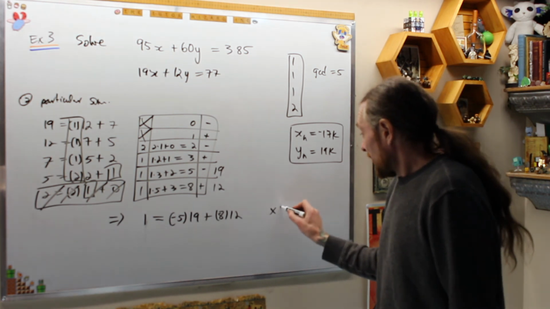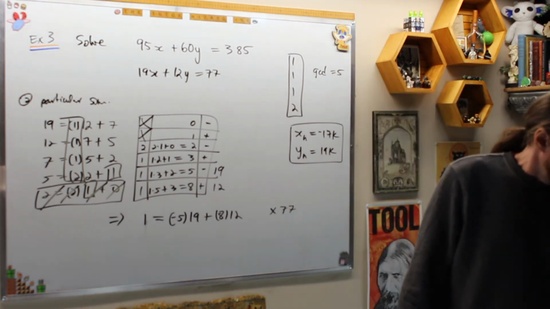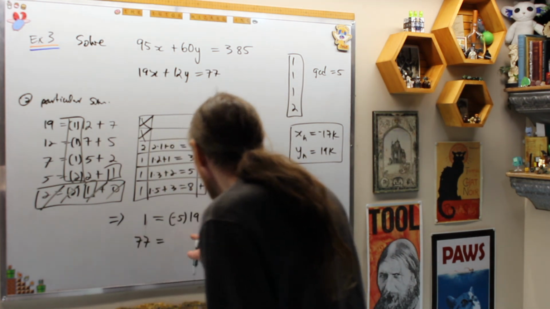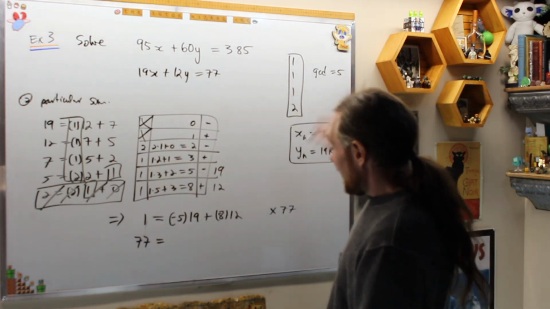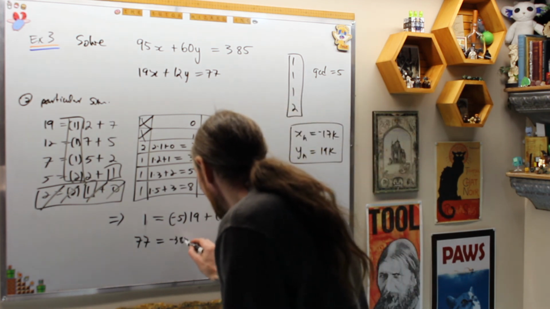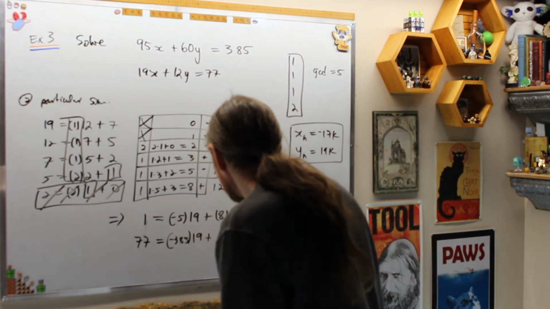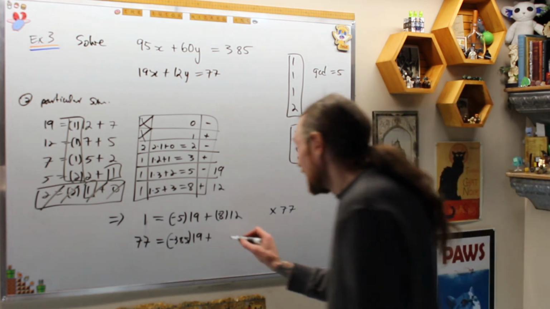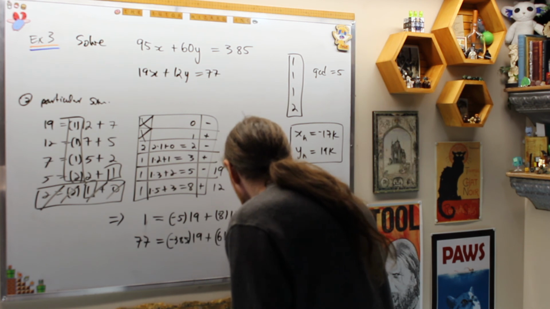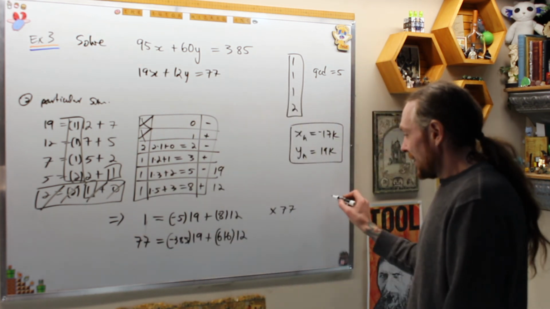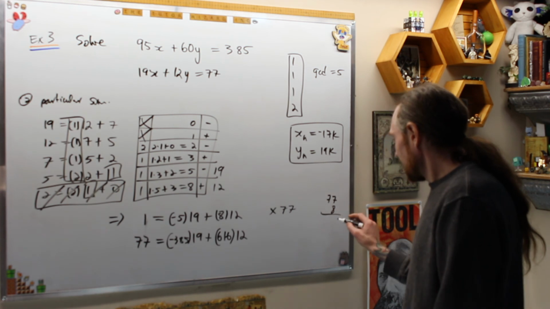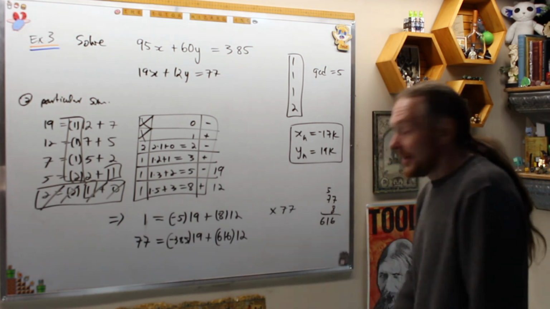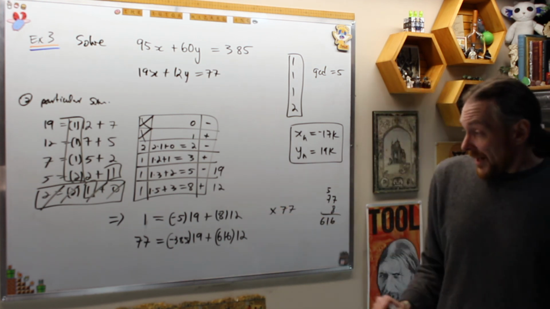And so then we're going to multiply by 77. When we multiply by 77, 77 is going to equal 77 times negative 5, which should be negative 385 times 19 plus 77 times 8, which is 616. Just multiplying 77 by 8, you're going to get 56 and 56, so 616.